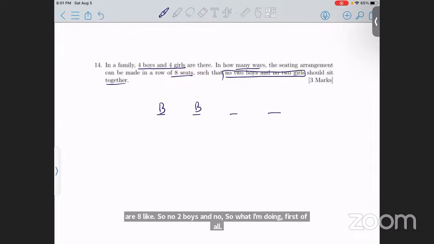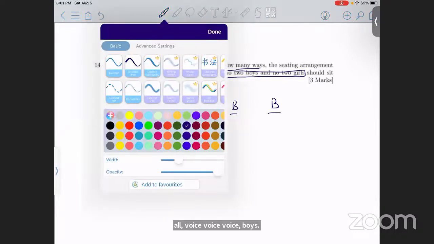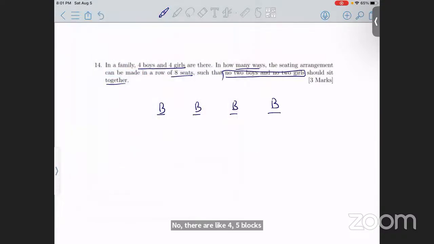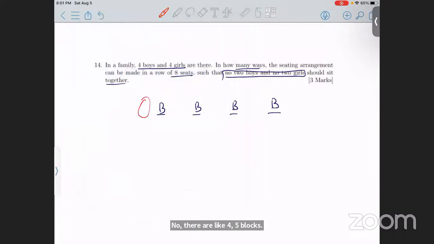Boys, boys, boys, boys. Now there are 5 blocks: one, two, three, 4, 5.